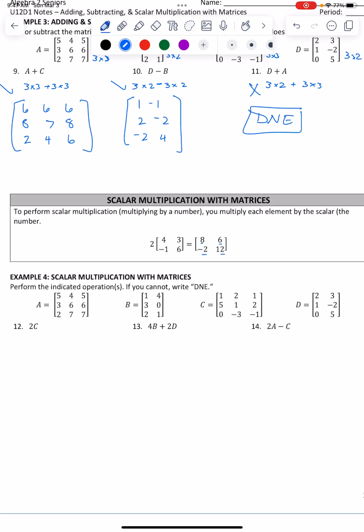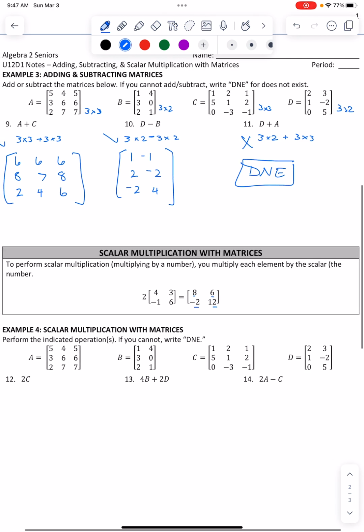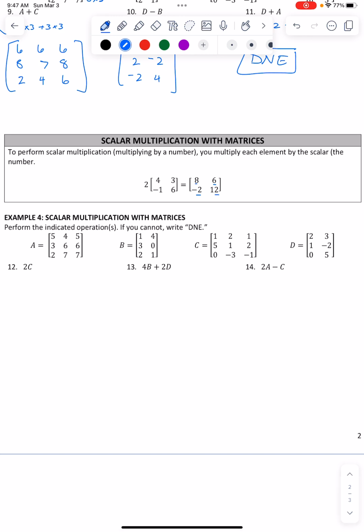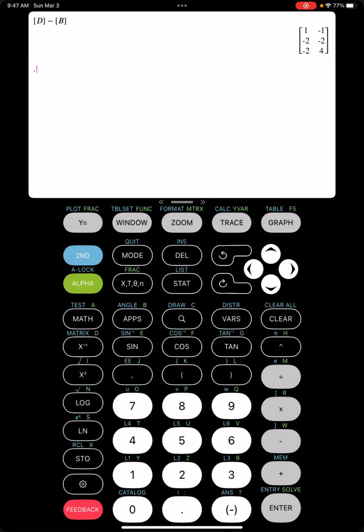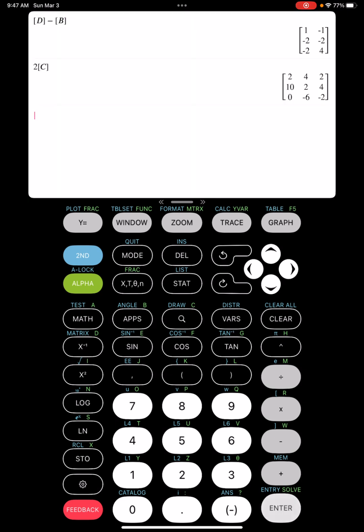Just distributing that. So these are the same matrices that were up top, so we don't have to input any new ones, which is nice. So if we want to do 2C, we just say 2, second matrix C, and we get this. There's our answer.